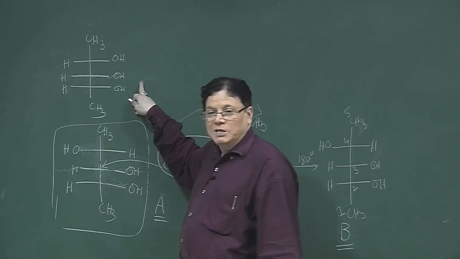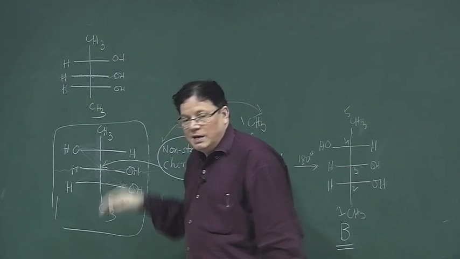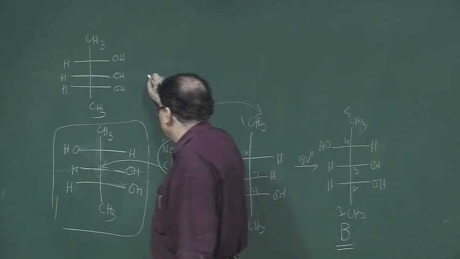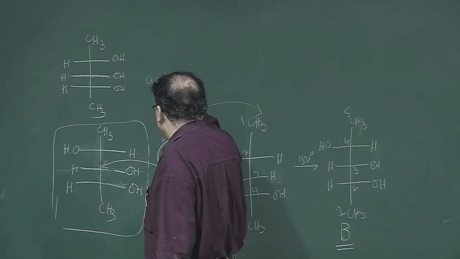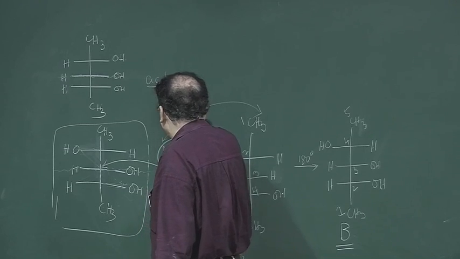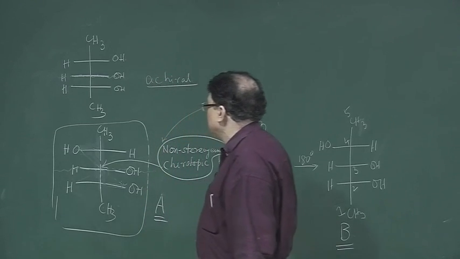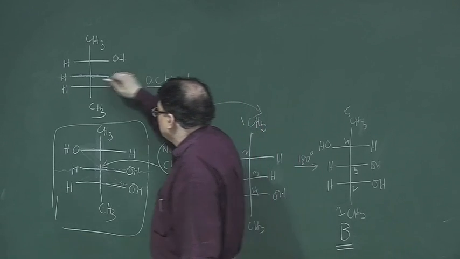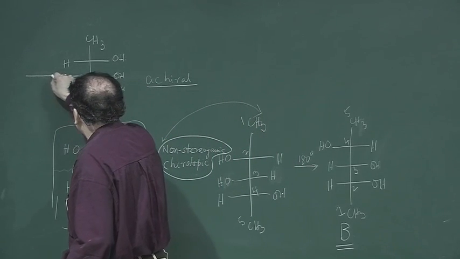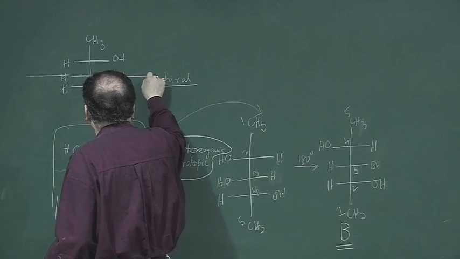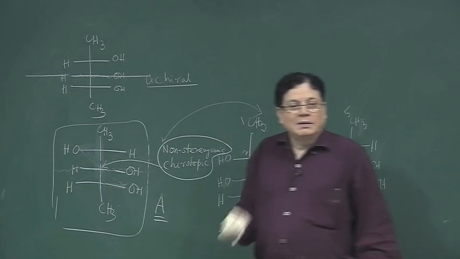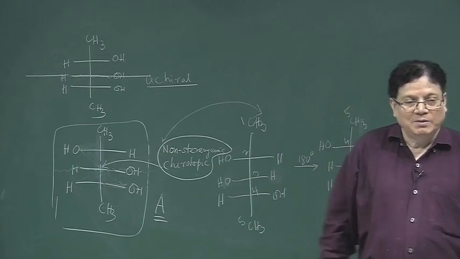Now, let us come to this molecule. This molecule is achiral, and it has a plane of symmetry passing through the middle carbon, that C3 carbon.